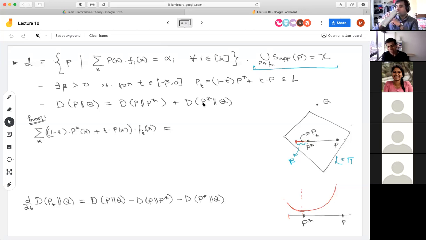It's on the inside in the sense that for any P in this set, if I look at the line connecting P and P star, this line is certainly contained because the set is convex, but I can also move at least a little bit in the other direction. I can overshoot a little and go beyond P star on the same line, and at least for some amount beta I can keep going. So there are points on the other side, in whatever direction I look.